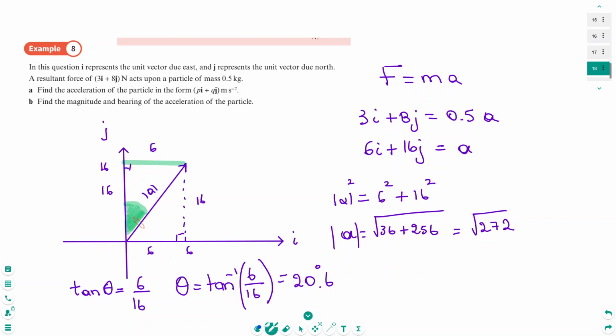For example, if this angle is theta, then tan theta is the opposite over adjacent, so it's 6 over 16. Taking the inverse tan of 6 over 16, the angle is 20.6, and this becomes the bearing of the acceleration, 20.6.